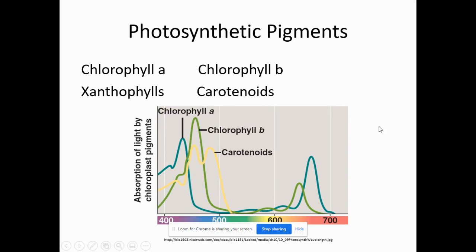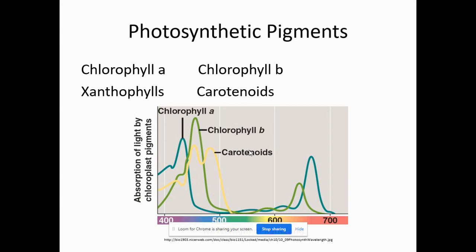Here is a graph showing some different photosynthetic pigments. You have chlorophyll A, chlorophyll B, and accessory pigments called carotenoids. As you can see, they absorb energy at different spots. So why would a plant use energy to make these different types of photosynthetic pigments?